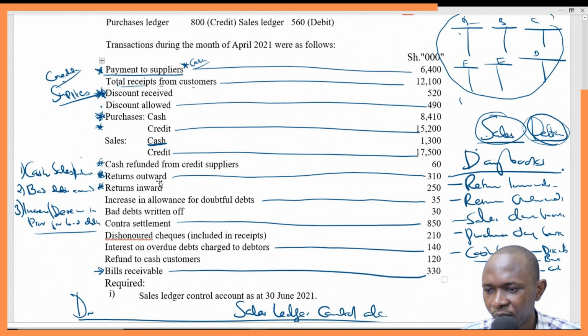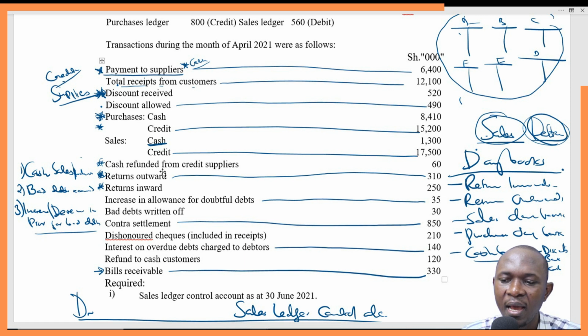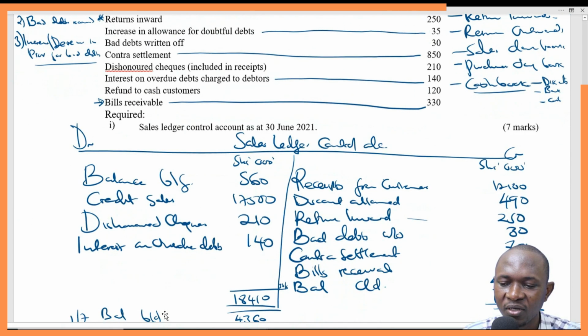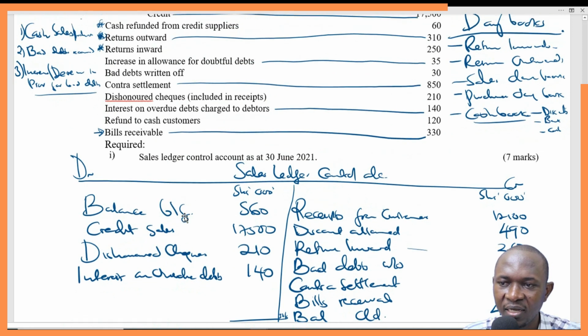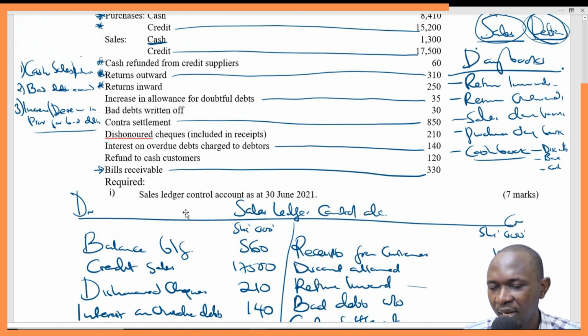Cash refunded from credit suppliers. Cash they had supplied to us possibly, and we paid them in excess. Remember, payments will have the effect of reducing. So when they refund, they are increasing our liabilities again. Remember, we are talking about the total creditors.